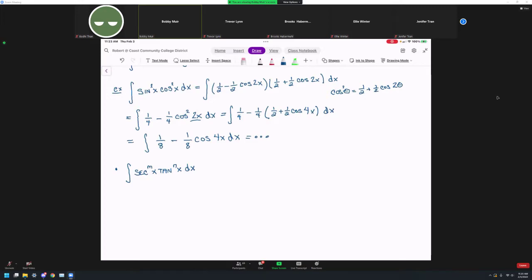Like, for example, if they're both odd and have just one, right? That's easy, right? That's just secant plus the constant c.